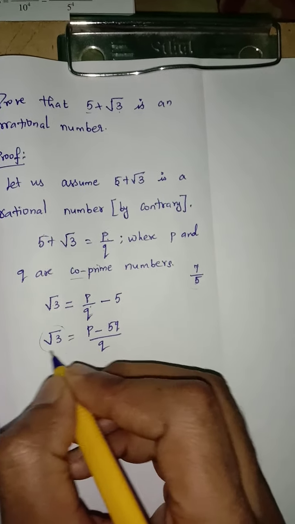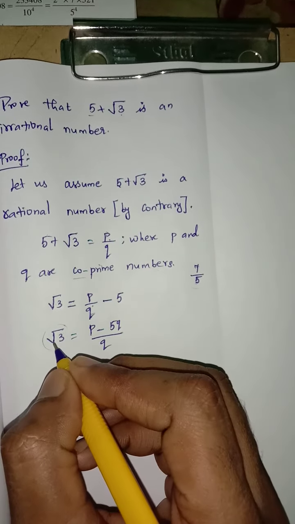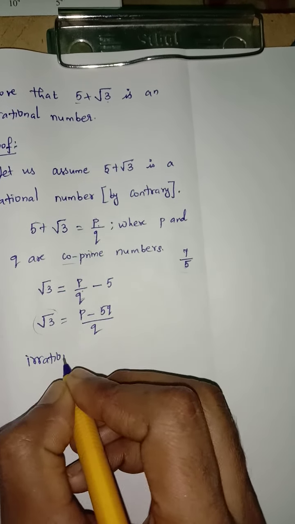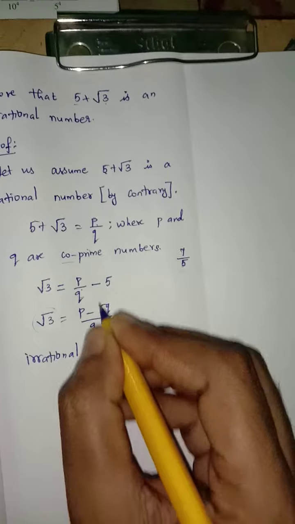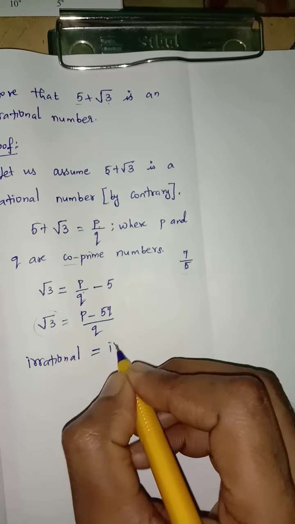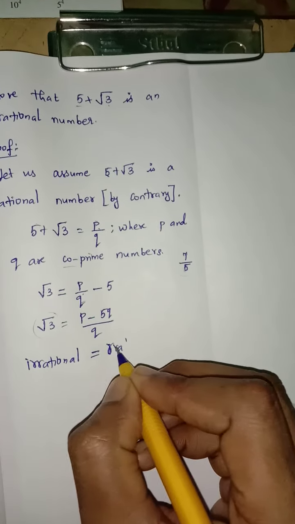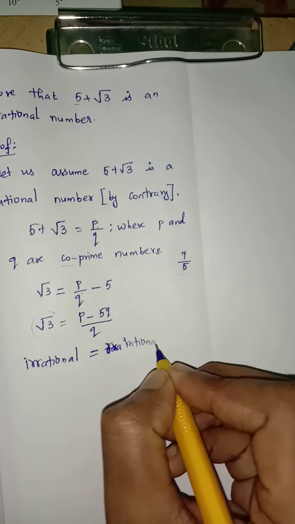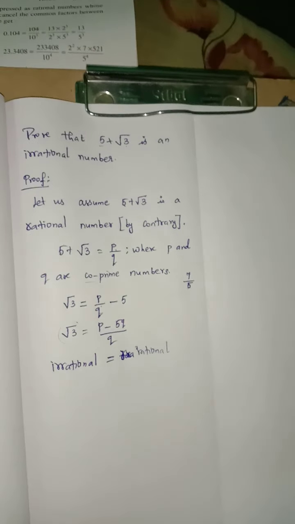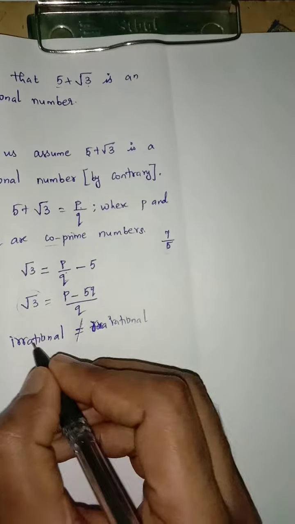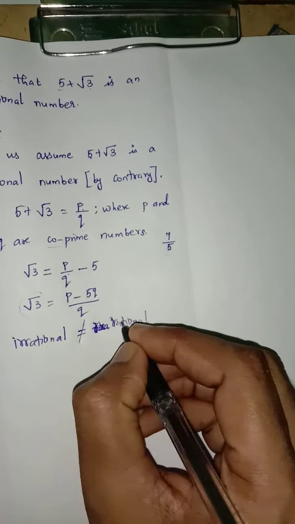We know if a number is written in the form of a square root, then it is irrational, and a number which can be written in the form of p by q is called rational. Definitely rational and irrational will not be equal. So this rational and irrational will not be equal.